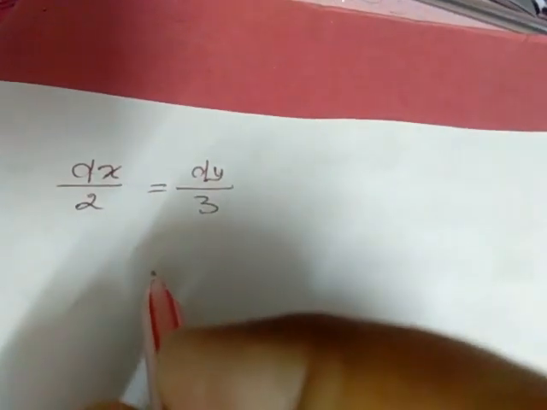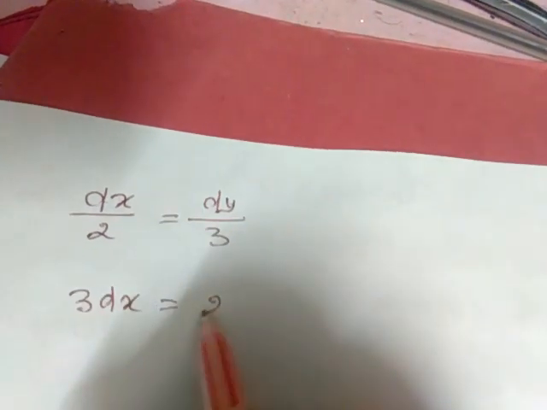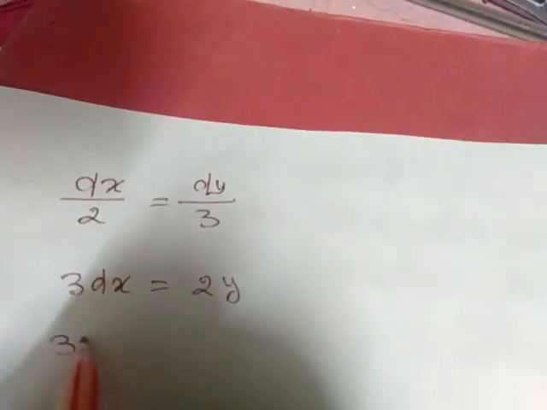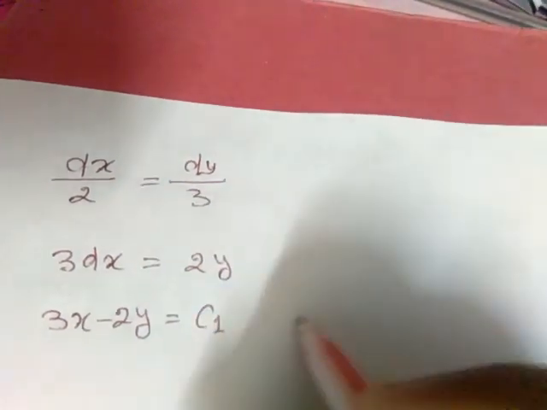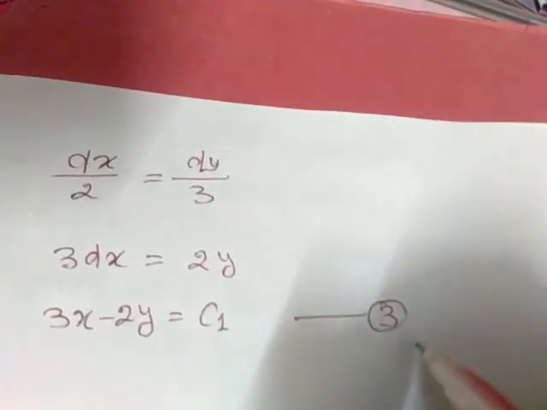Now we can easily integrate the equation as 3x = 2y, or 3x minus 2y is equal to constant c1. That will be equation 3.